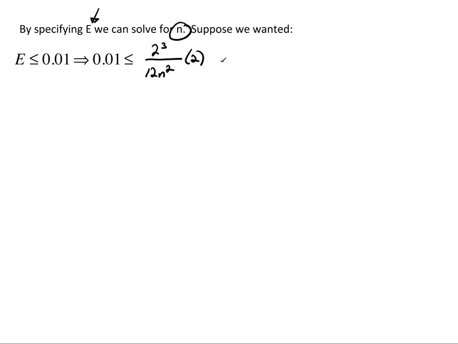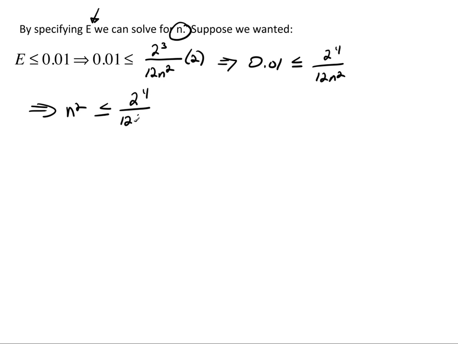Well, that implies that 0.01 is less than or equal to 2 to the 4th over 12n squared. That implies that n squared is less than or equal to 2 to the 4th over 12 times 0.01.